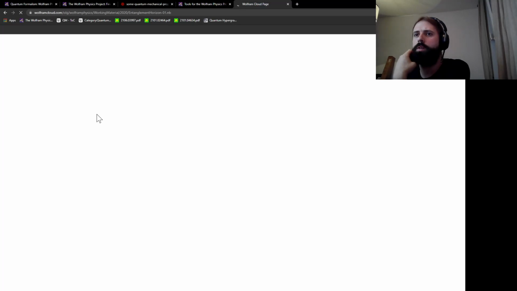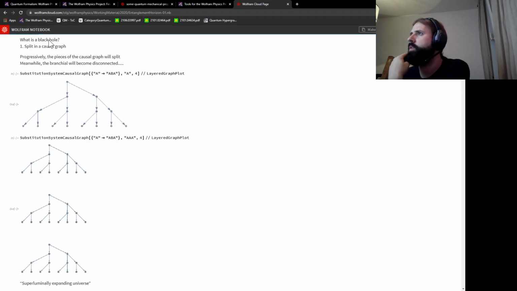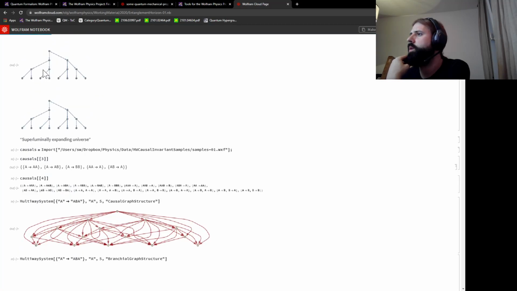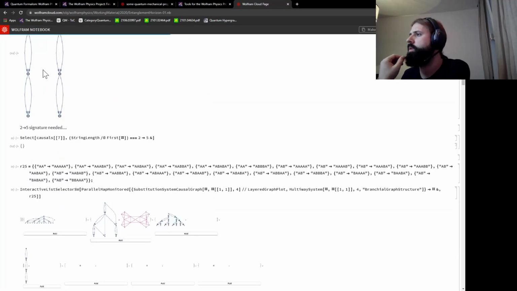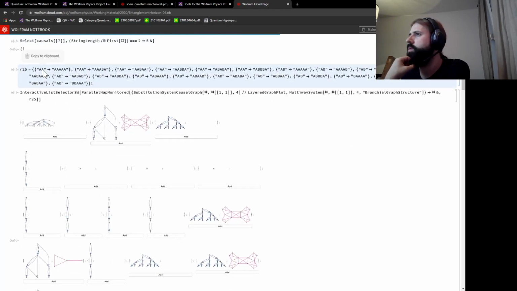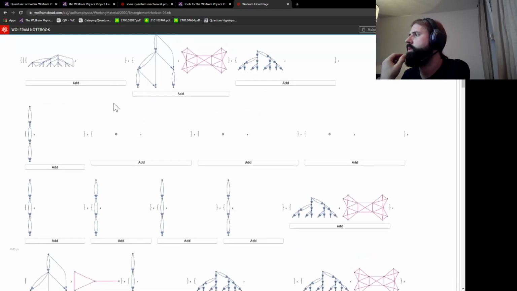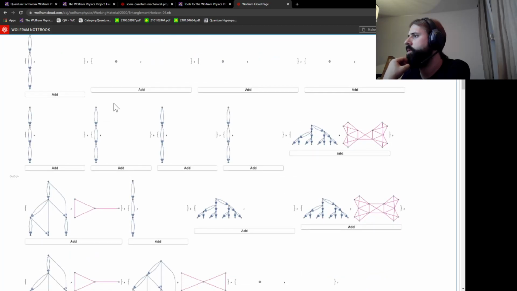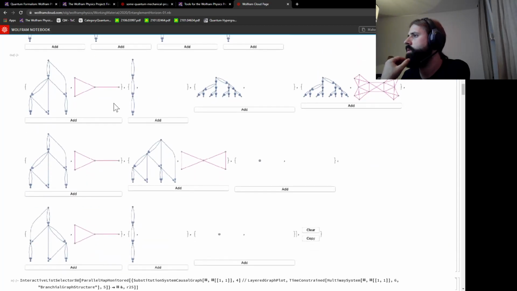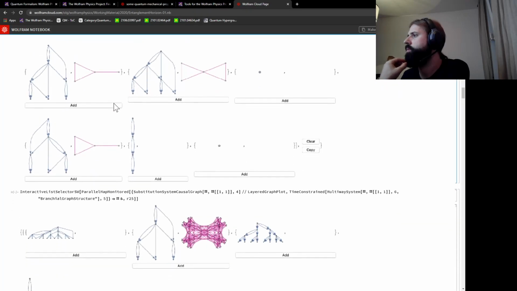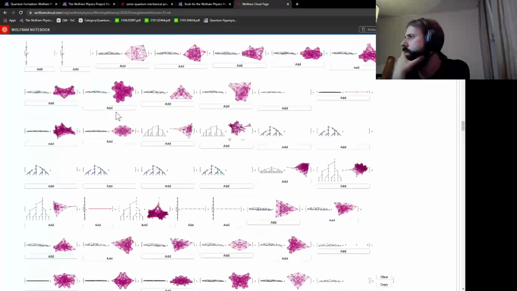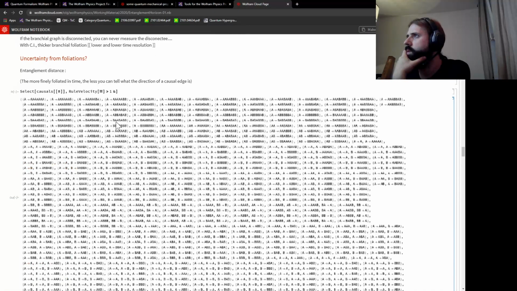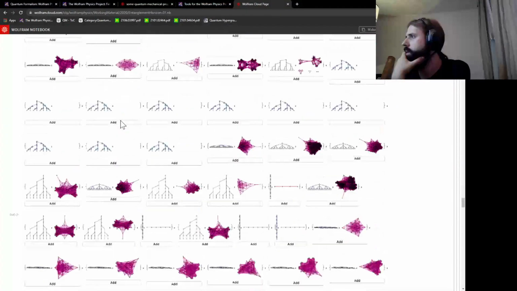What is entanglement horizon? What is a black hole? Split in a causal graph. Sorry for foliations, I have just absolutely no idea.